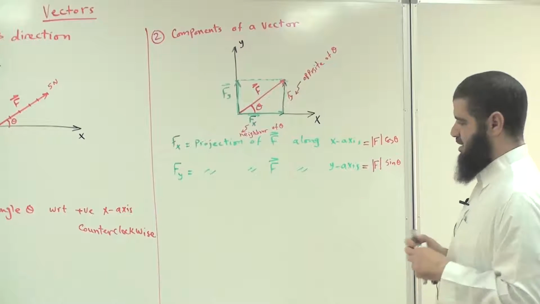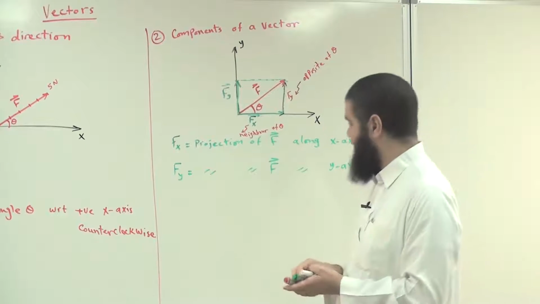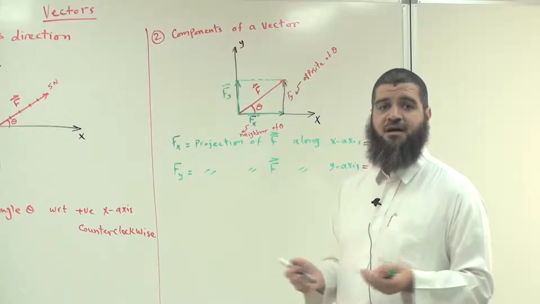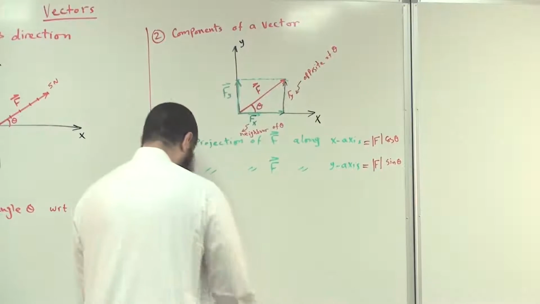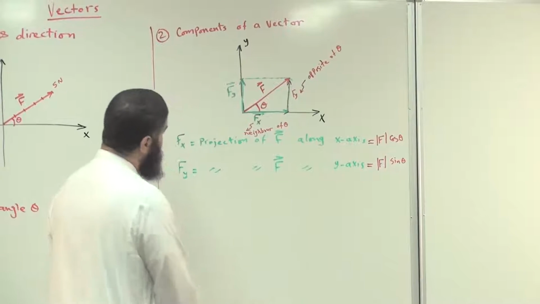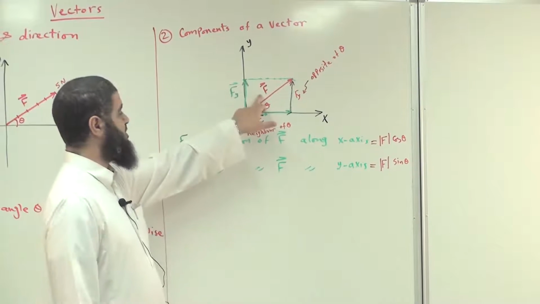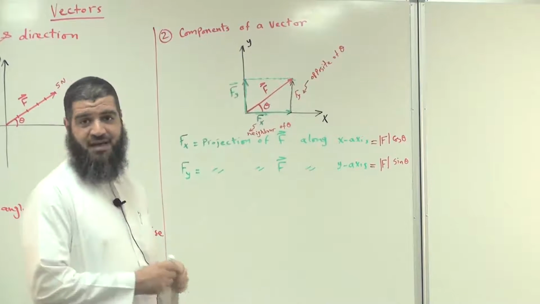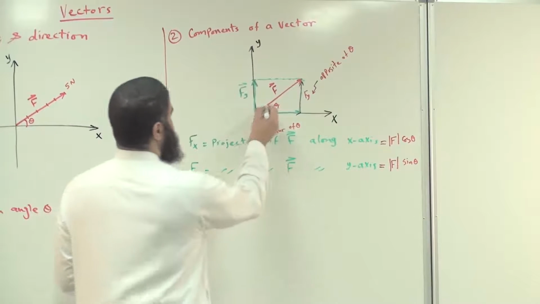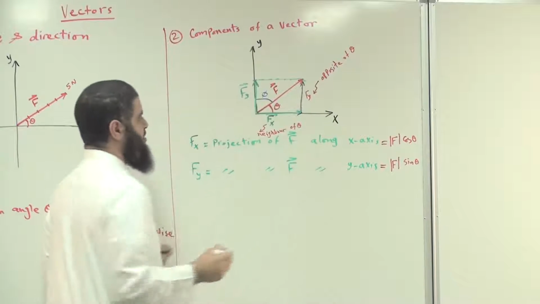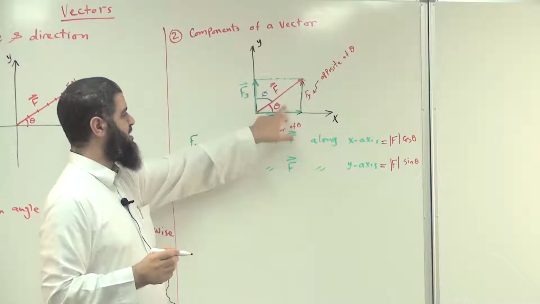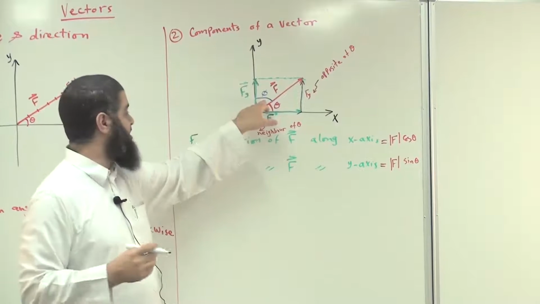To elaborate on this more, we can think of another angle. Some students might prefer to give the angle this force vector makes with the positive y-axis. You can notice that this is the angle phi, where phi is the complement of theta, so theta plus phi gives us 90 degrees.